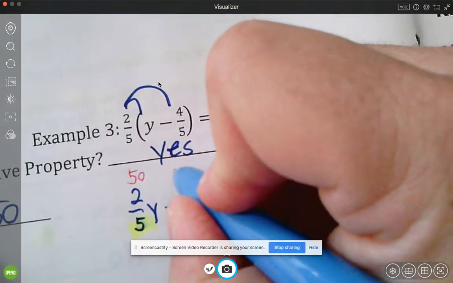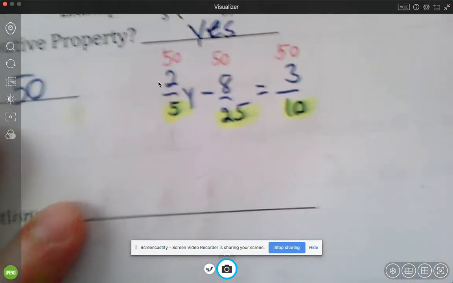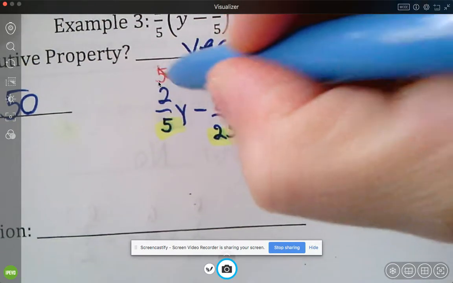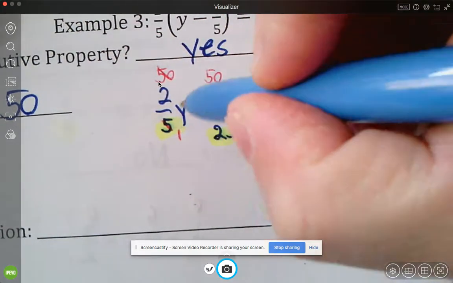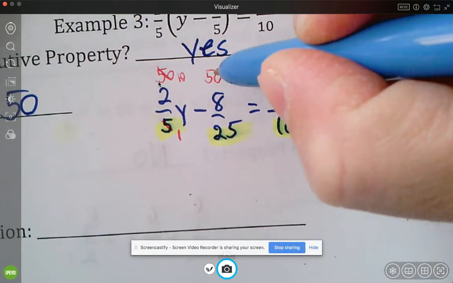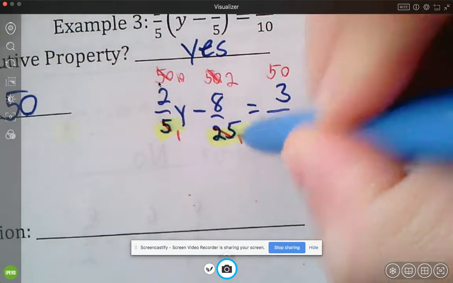Now you're going to see how cross simplifying comes in very handy. Anybody want to cross simplify here? This becomes a 1, and this becomes a 10. How about this cross simplifying? This becomes a 2. This becomes a 1.